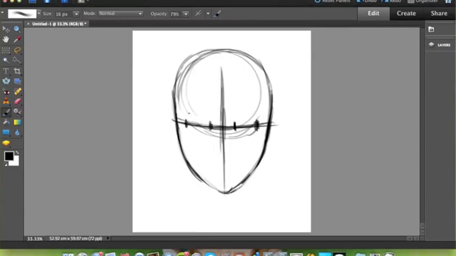Now, eyes are not as complicated as they seem. You've got your slanted bit here, the flat bit here, and then your shorter bit up here, and then you've got this bit here, and then that comes up like that. So if you draw that in, you then get a nice face shape.